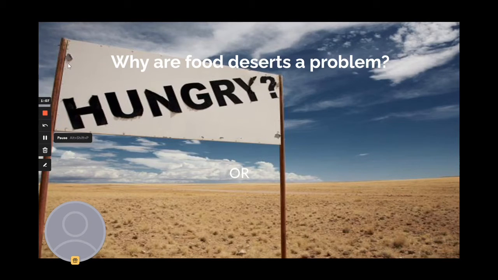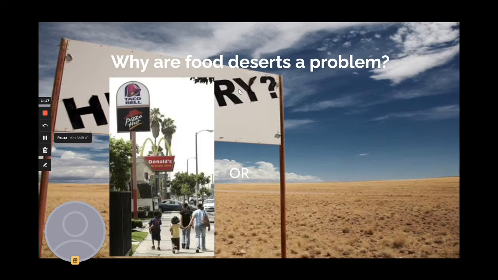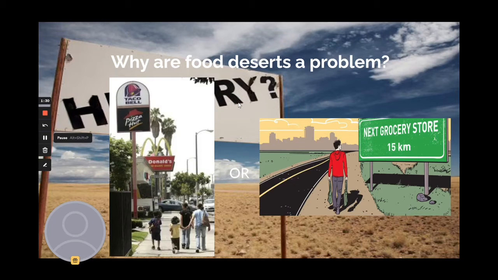To illustrate this a little bit easier, I will give a bit of a scenario or comparison. If you had limited access to transportation and money was tight, which option would seem more appealing?